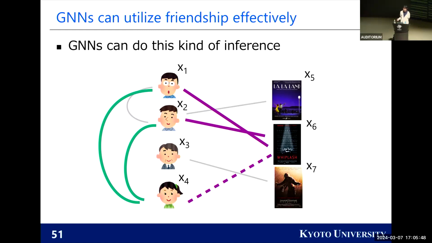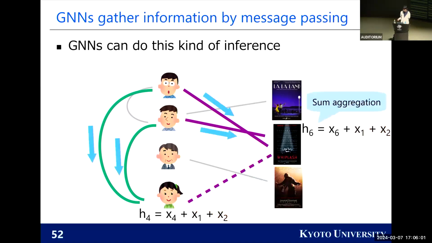GNNs first initialize node states by the raw node features, which contain only the information about the node itself. Let's apply graph neural networks on this graph, and let's use very simple sum aggregation in this case.